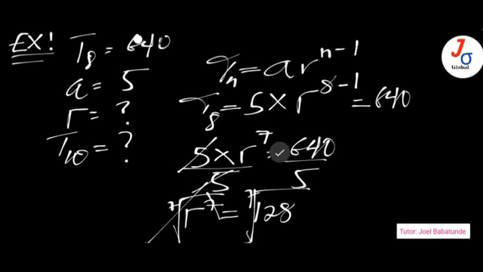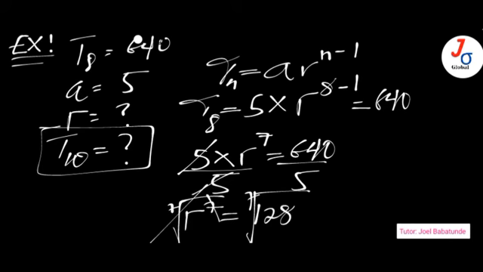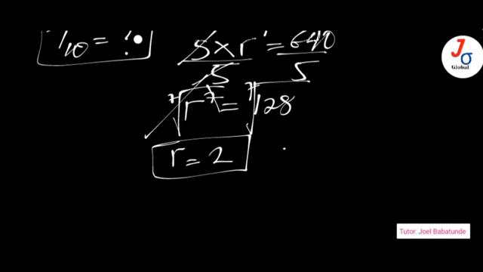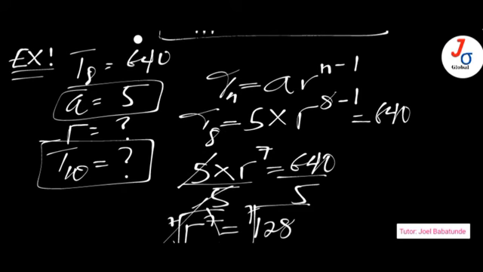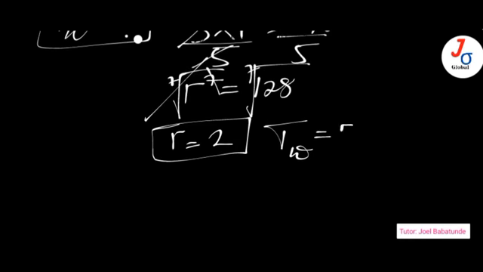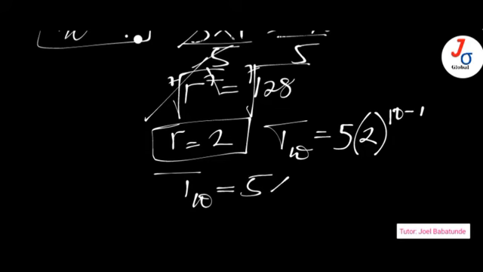So we are also to find T10. Therefore T10 has to be a, which is 5, then r is 2, raised to the power 10 minus 1. And so T10 becomes 5 multiplied by 2 raised to the power of 9.